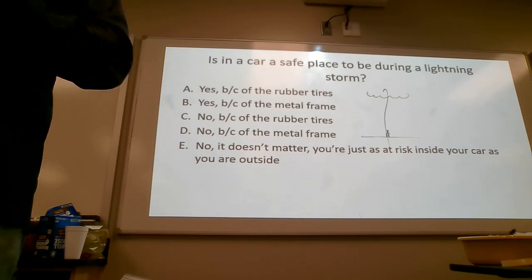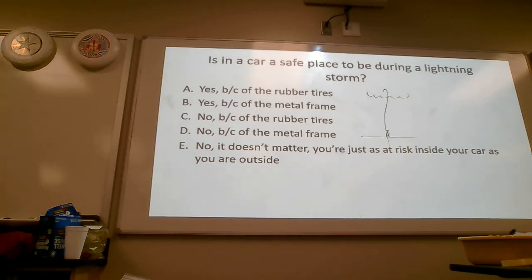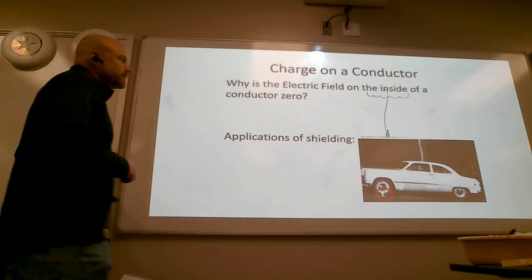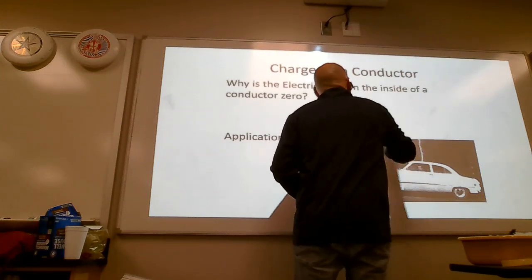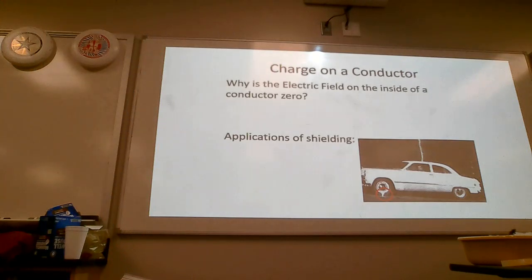Okay, you are safe though, not because of your tires, but because your car has a metal frame. Where does charge on a conductor reside? Where does it live if it's charged? On the outside.